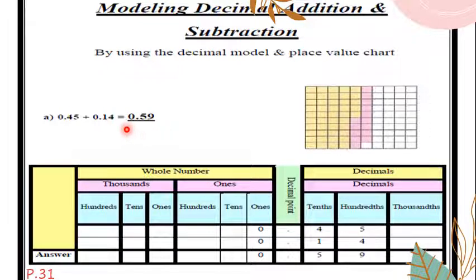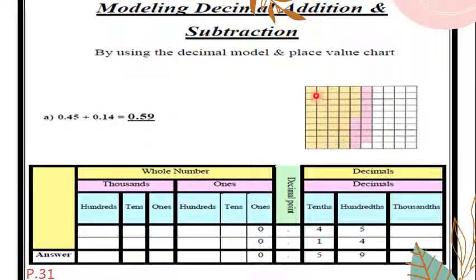I want also to make adding of these two numbers by using the model here. First, I'm gonna color or shade 0.45. That means I'm gonna color 45 here in the model.